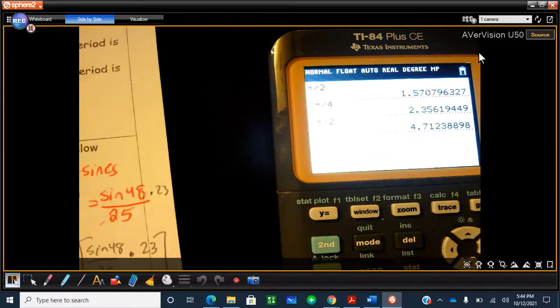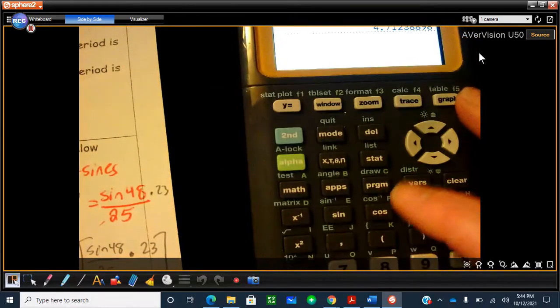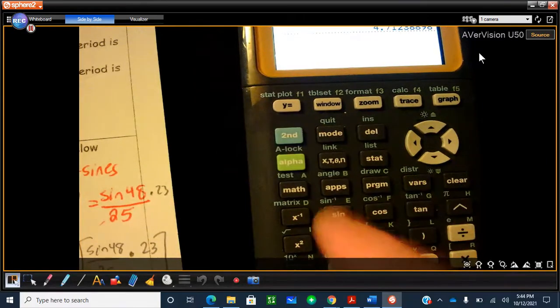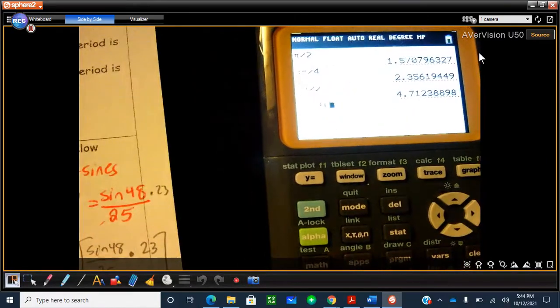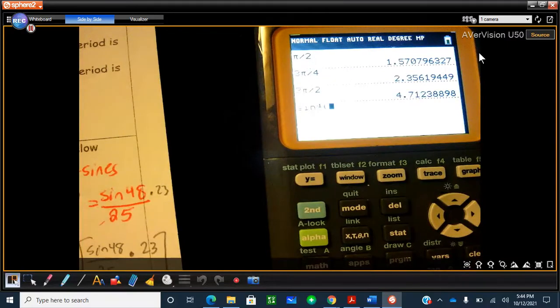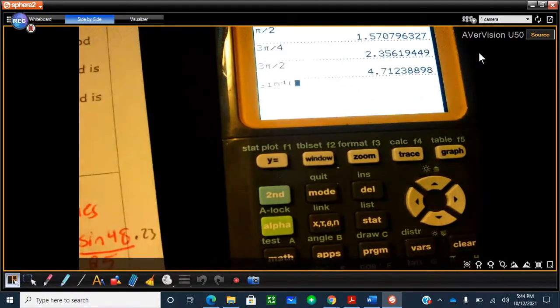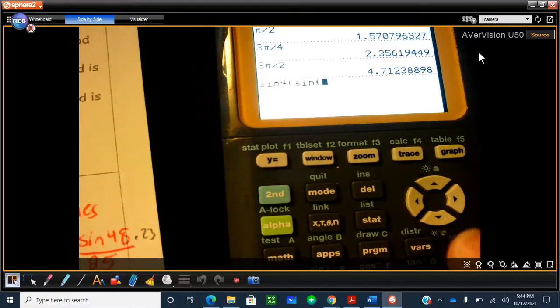So when I go out of here, on the TI, notice the blue button up here. If I push that, that will bring up sine to the negative 1. So there it is. It's in there. The TI is a little bright. And then I'm going to push sine of 48 divided by.